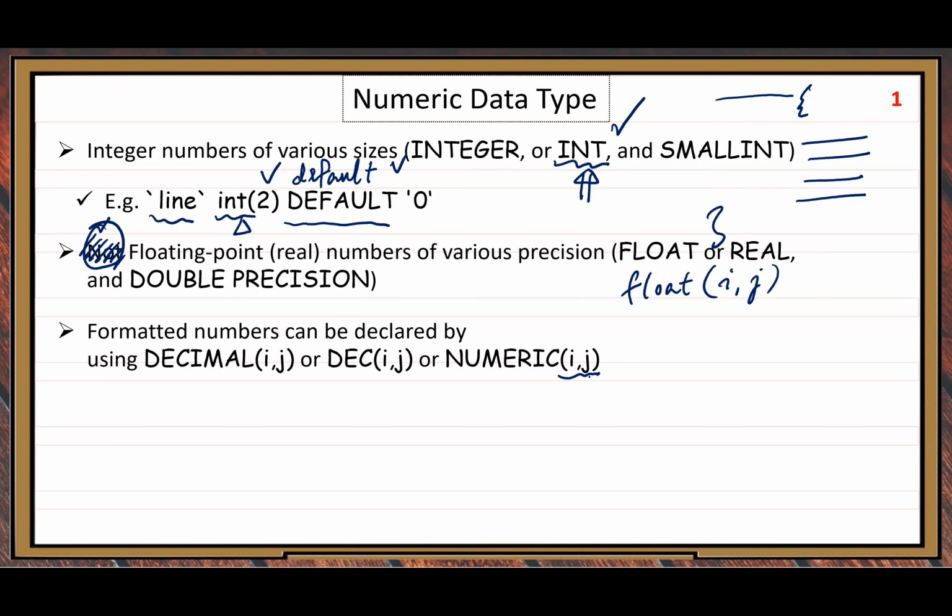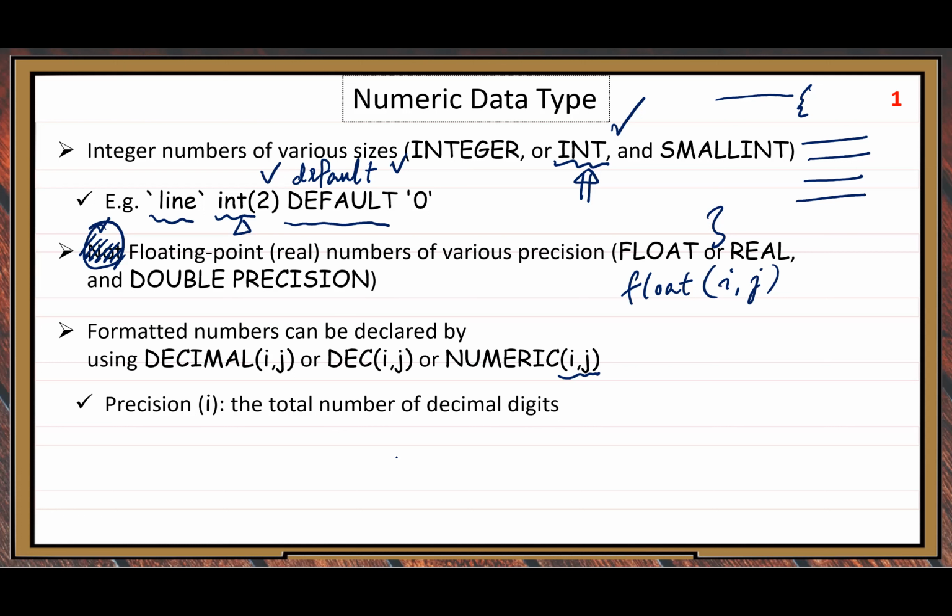Then formatted numbers can be declared by using decimal, with i, j, because you need to describe precision. So what's the meaning? Precision i is the total number of decimal digits. Because you have a decimal point, the number of digits before the decimal point and the number of digits after the decimal point, you need to add them up.